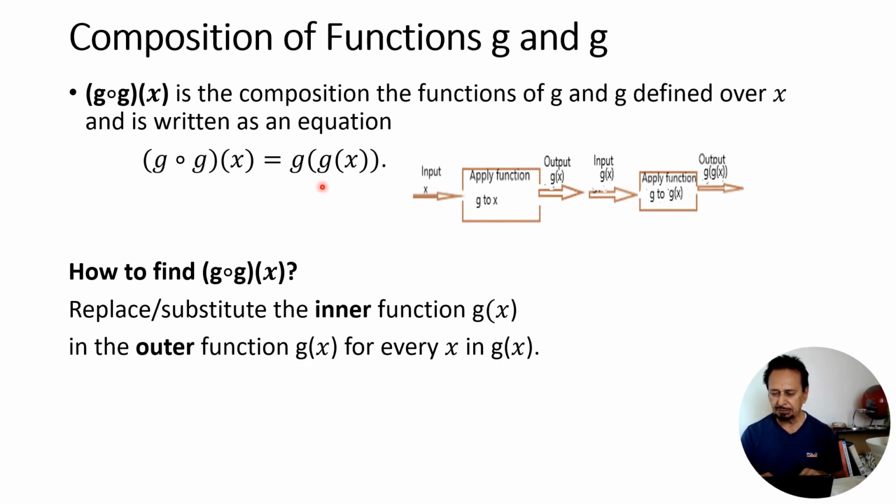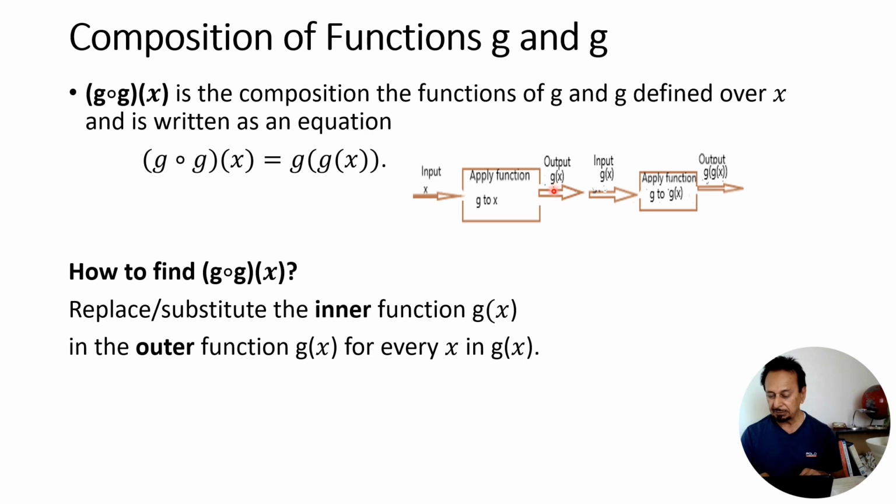Composition of functions g and g. g circle g over x is the composition of functions g and g defined over x and is written as the equation g circle g of x is g of g of x. So visualize: x is the input to function g, and we apply the function g to x to get g of x.